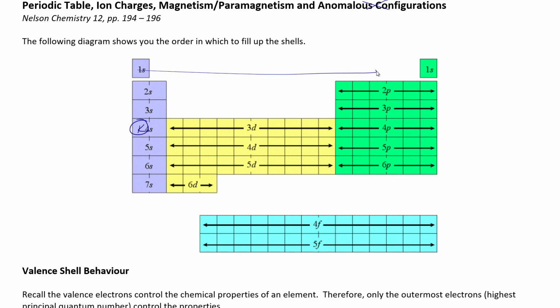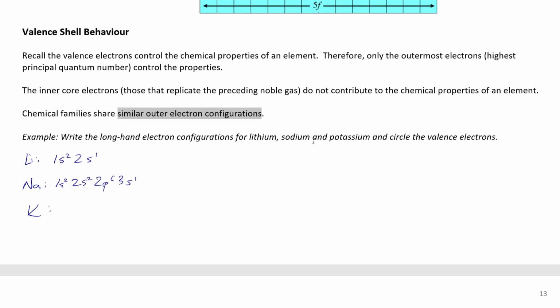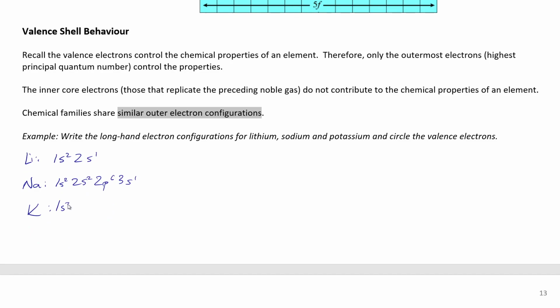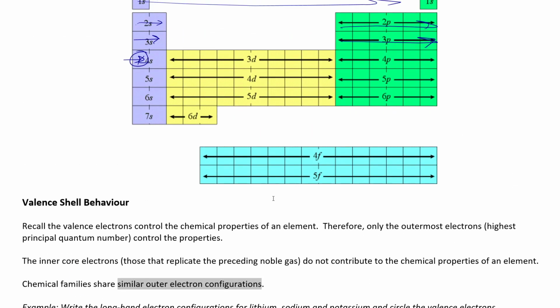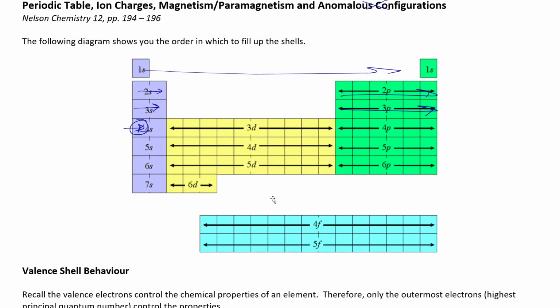So I would go 1s2, 2s2, 2p6, 3s2, 3p6, 4s1. And so that is how we can use this diagram right here to help us do our electron configurations for atoms.